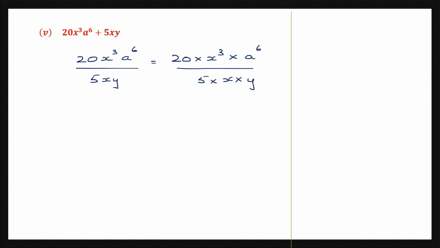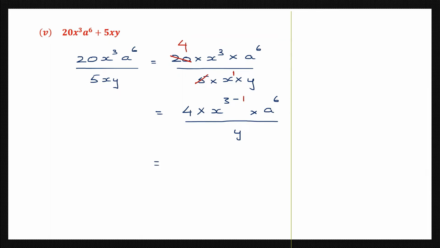So let's cancel 5 and 20. 5 4s are 20. So in my numerator I will have 4 into x to the power of 3 minus, I can take this 1 here on top, into a to the power of 6, I don't have anything in the denominator, and in the denominator I have y.